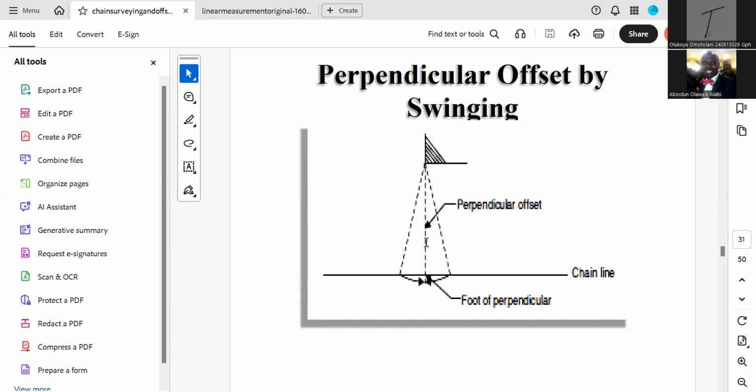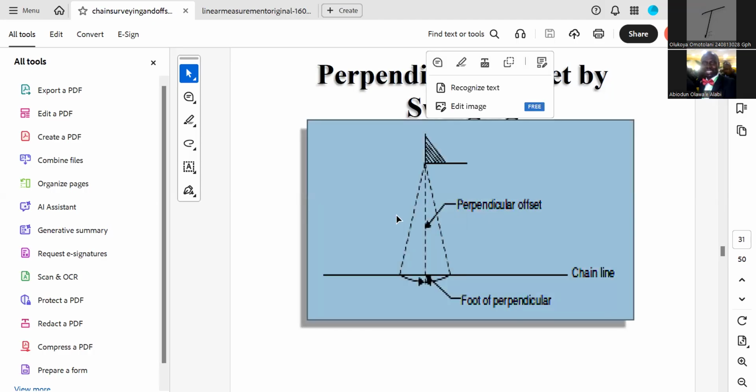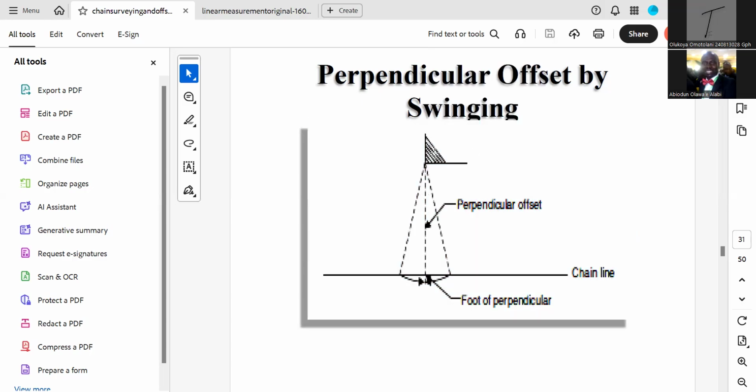As a result of these three lines, we have 3 tie stations here, which are 1, 2, 3. One of the lines uses perpendicular offsetting to locate the interior detail here. The other two use the oblique form of offsetting to locate the interior details. Don't forget, this is the chain line or the main survey line. So this is an example of perpendicular offsets by stringing.